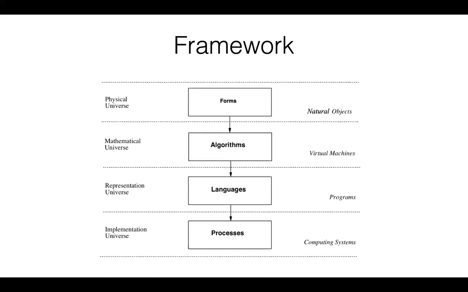The implementation will be in a computing system that runs the processes to create the shapes the same way as nature creates shapes using physical laws and evolution laws. Here we are going to do the same thing in a mathematical sense, using virtual machines and algorithms described through programs written in a language, and then a system that supports all those dynamic processes.